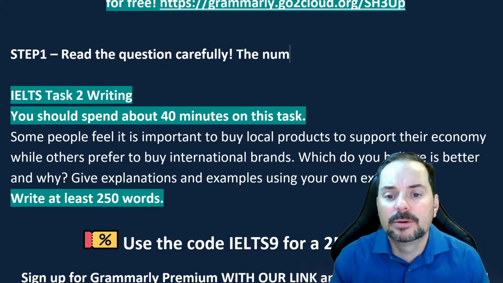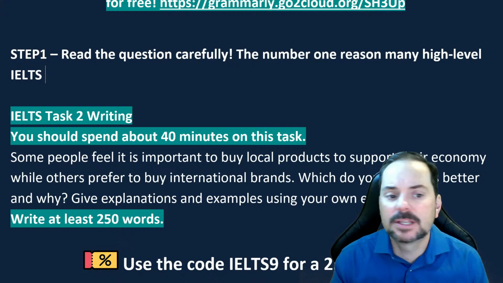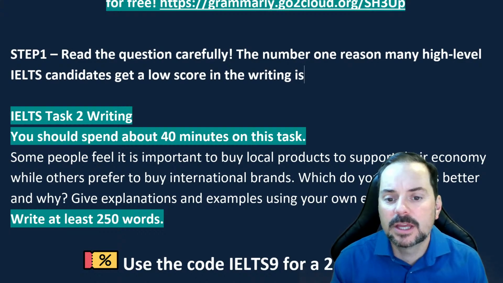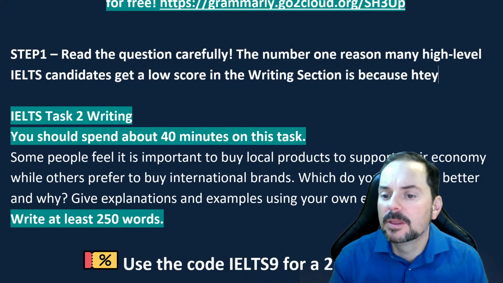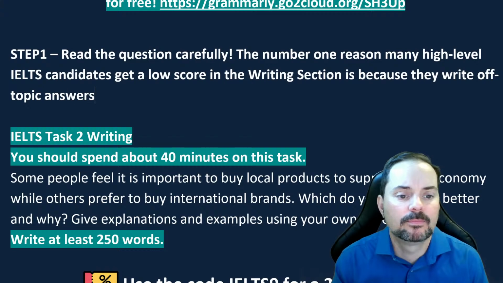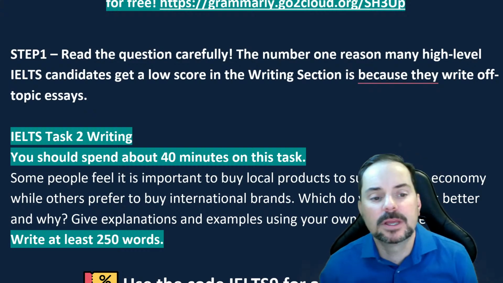The number one reason many high-level IELTS candidates get a low score in the writing is because they write off topic essays.